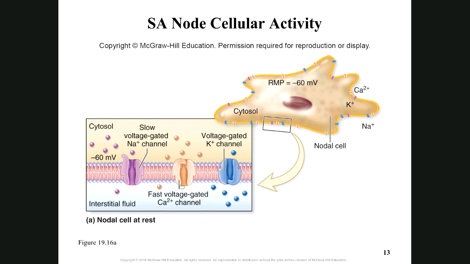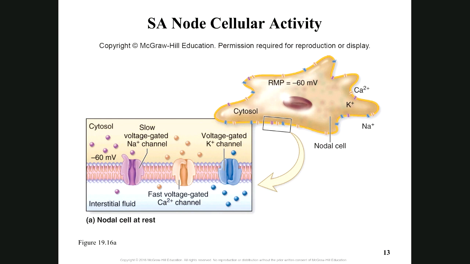The other one is the fast voltage calcium channel, and the other one is the voltage-gated potassium channels. And the difference between outside and inside during rest is -60 millivolt.